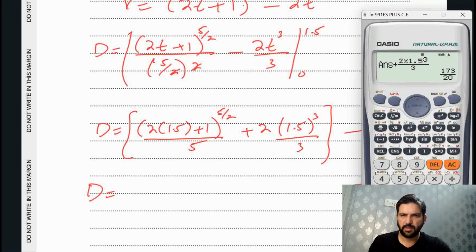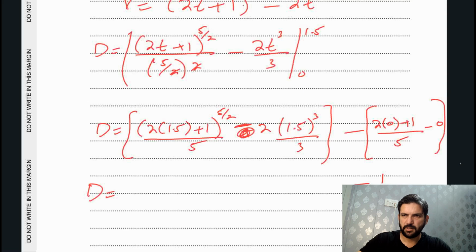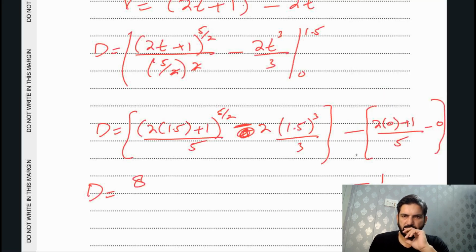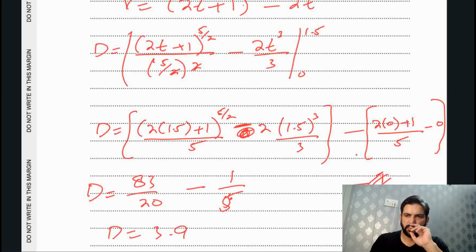So this will be equals to 170. Okay, this one is minus. I have to be very careful about it. This should be minus. So if you use minus over here, the final answer will be 83 by 20 minus 1.5, and if you simplify it, this will be equals to 3.95. So this will be the final answer.